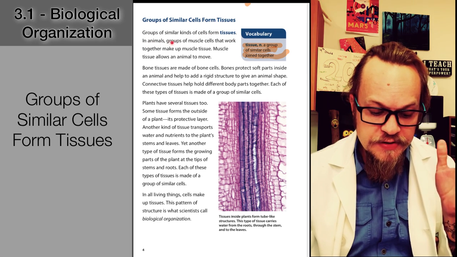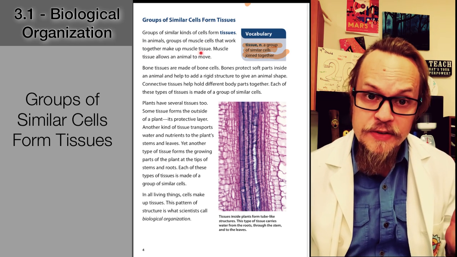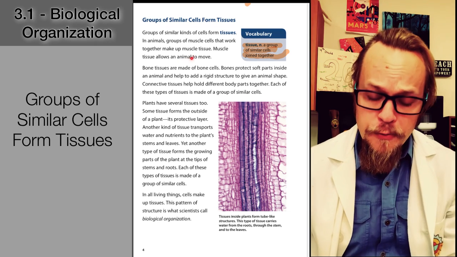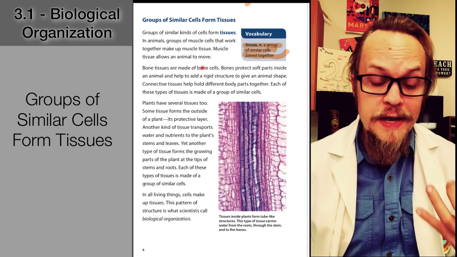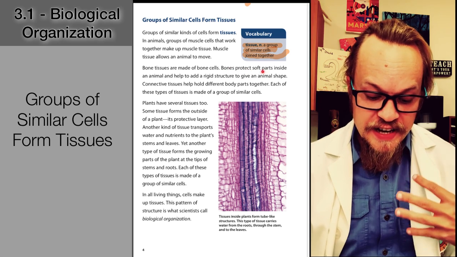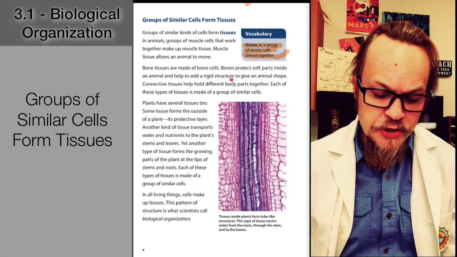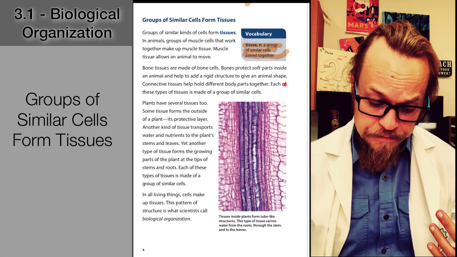In animals, groups of muscle cells that work together make up muscle tissue. Muscle tissue allows an animal to move. Bone tissues are made up of bone cells. Bones protect soft parts inside an animal and help to add a rigid structure to give an animal or human shape.